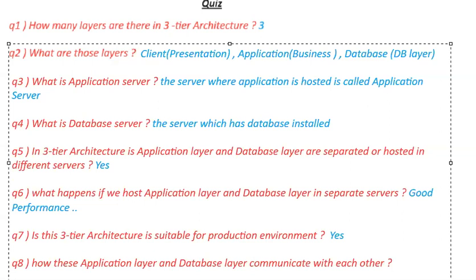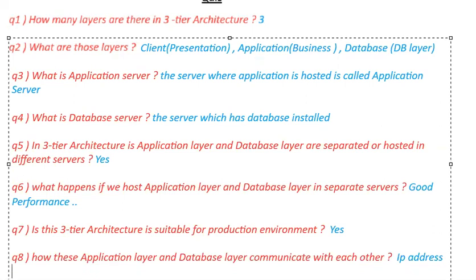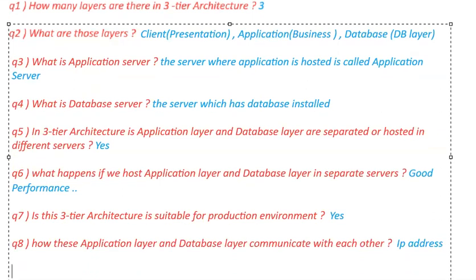I hope you answered this question as well. By using IP address. In any network, if a client wants to communicate with the server, or any device wants to communicate with another device, then they must communicate by using IP address only.